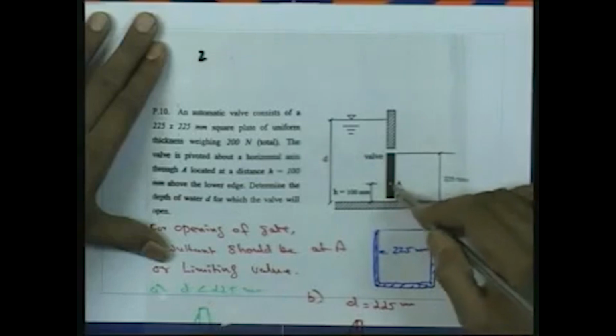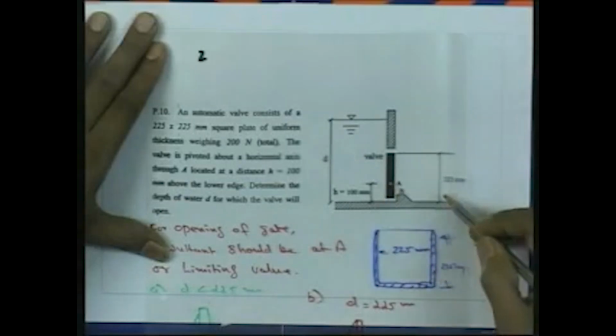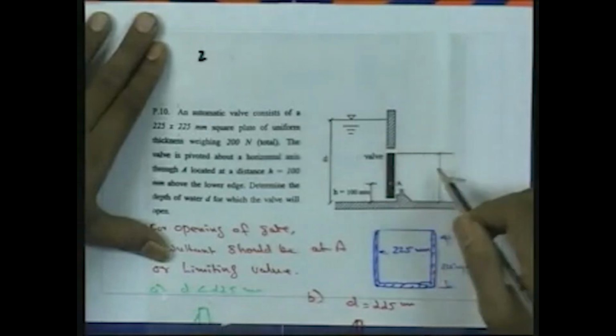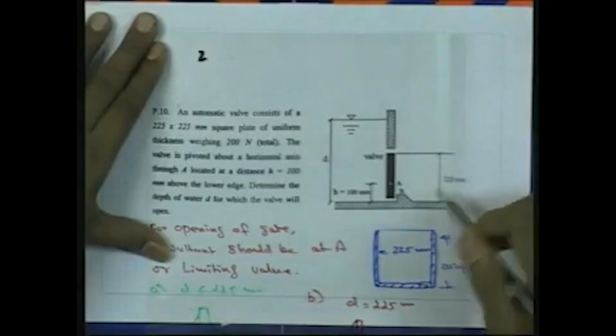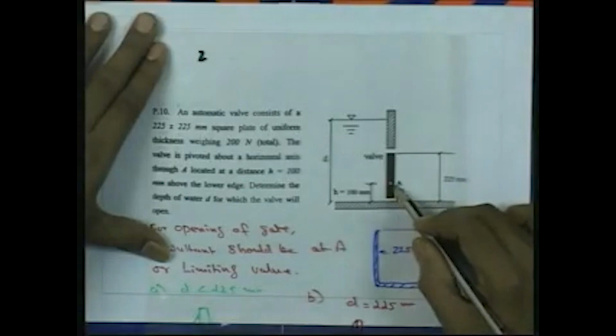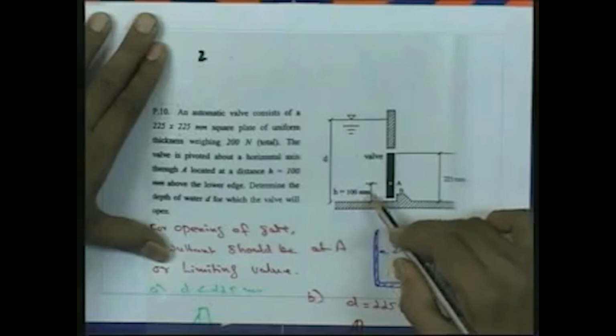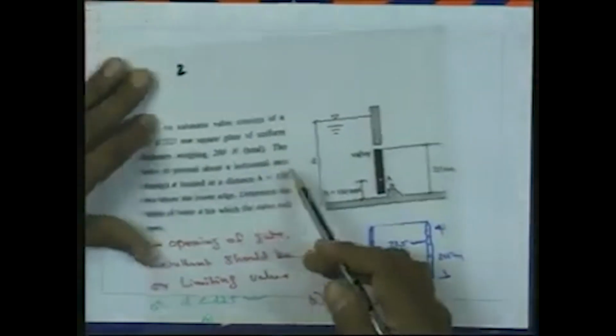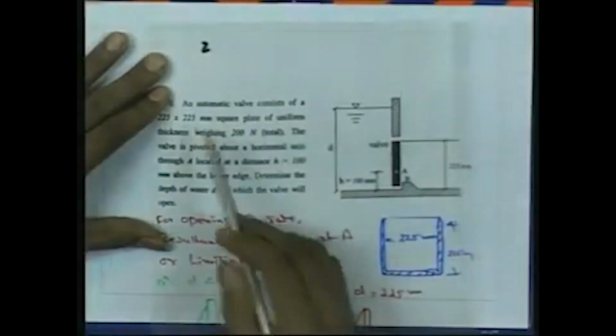There is a valve here which is hinged at this point, and below, on the downstream side of the sluice gate, the water depth is 225 millimeter, and the gate is pivoted at a height of h equal to 100 millimeter like this.